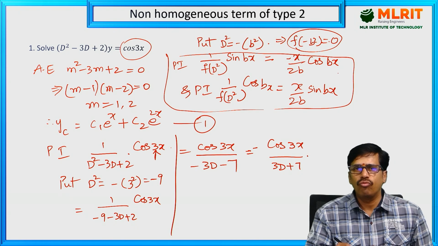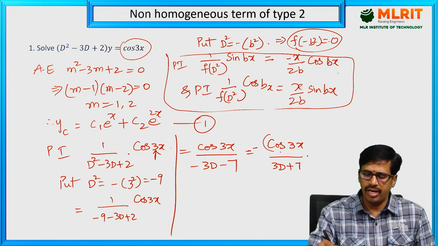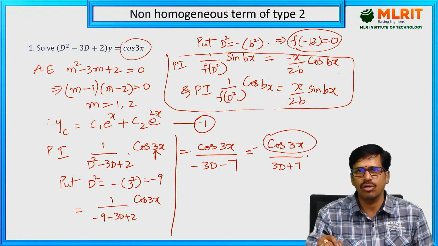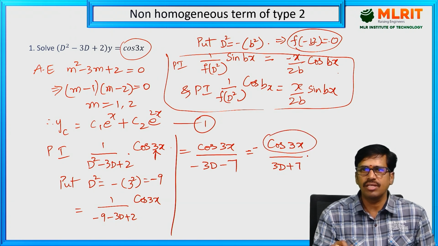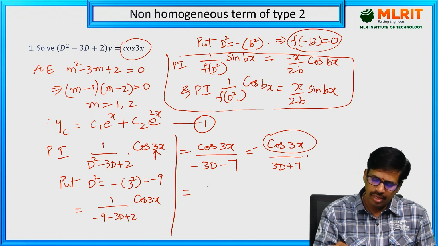We have to get only d square terms in the denominator. If we get d terms, we don't have any procedure when the function is sin bx or cos bx, so we have to rationalize to get d square terms in the denominator.